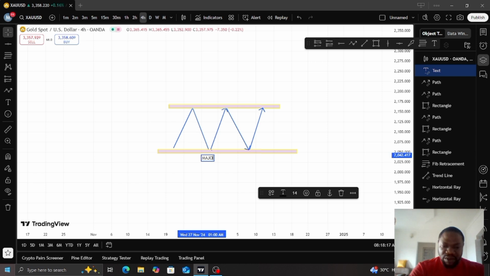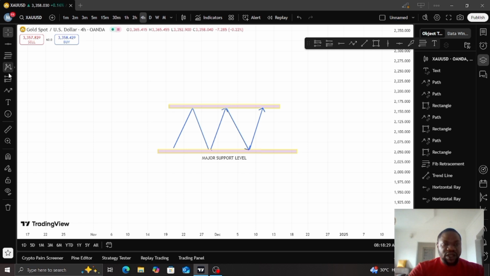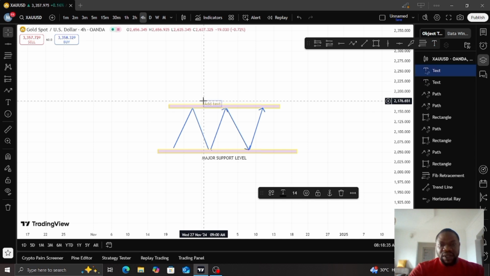Major support. You can add level, major support level. And here we call this what? We call this now a major resistance level.